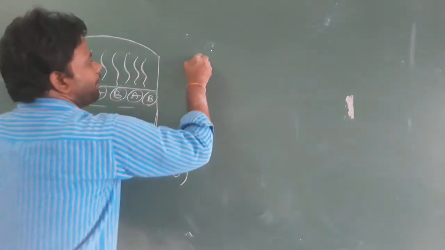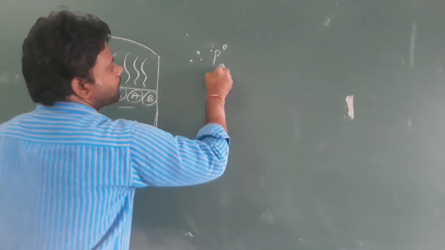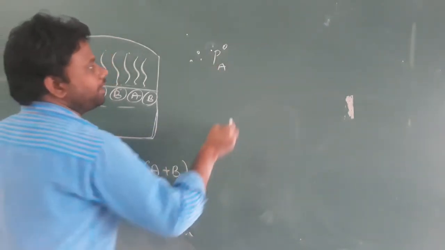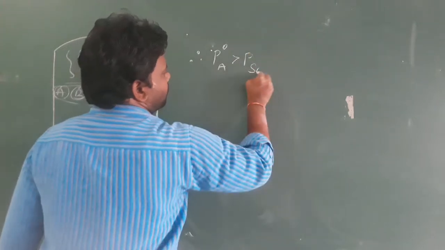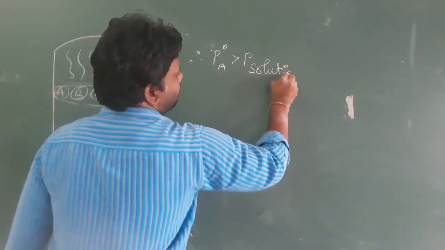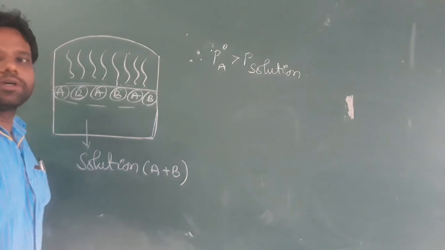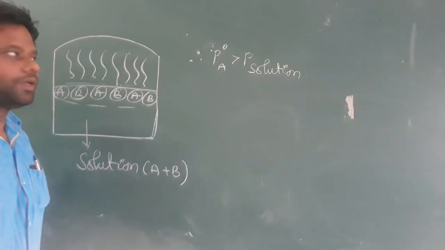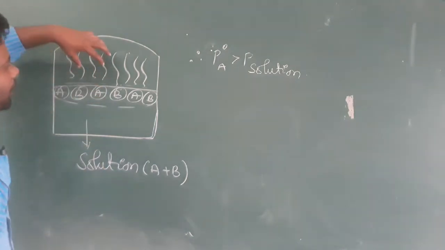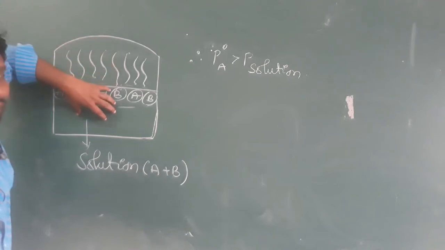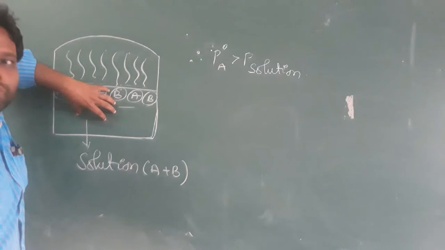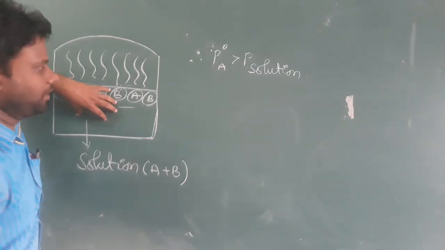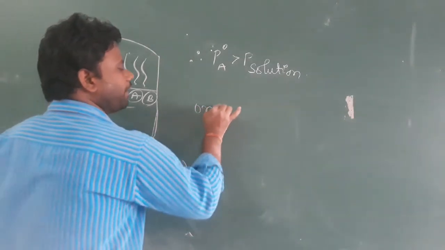Therefore, the vapor pressure of pure solvent is greater than the vapor pressure of solution. So when non-volatile solute is added to the solvent, the vapor pressure of the solution decreases.